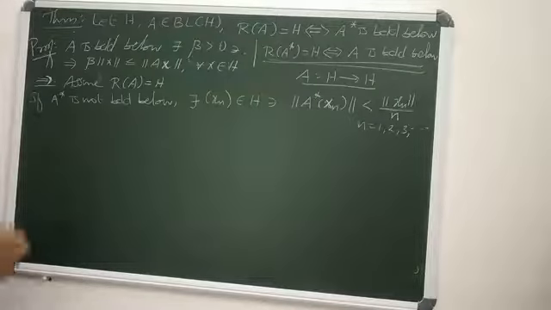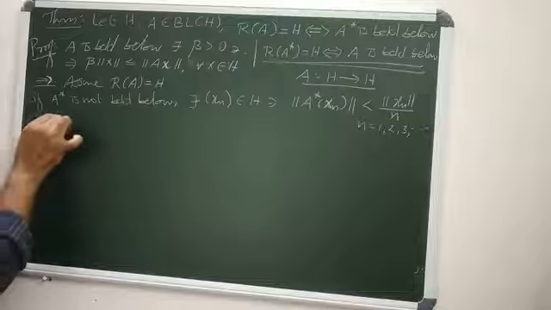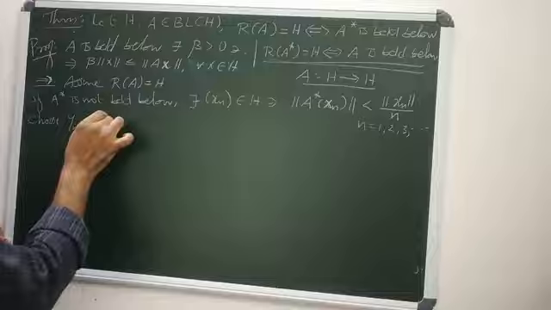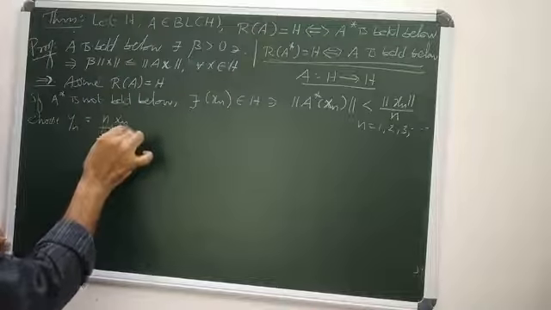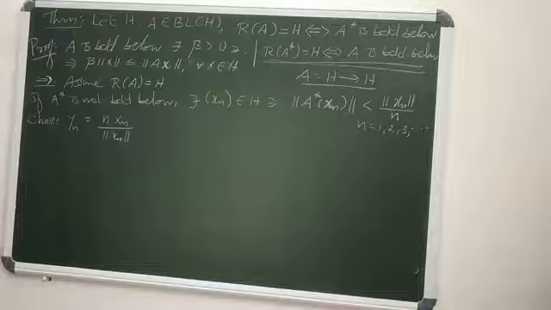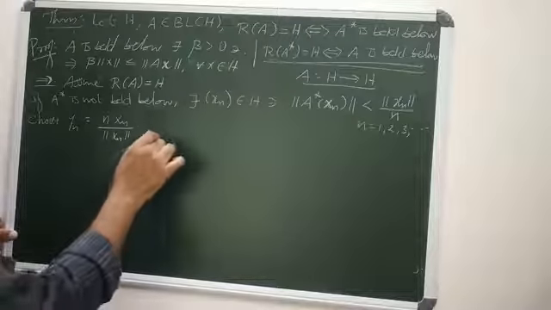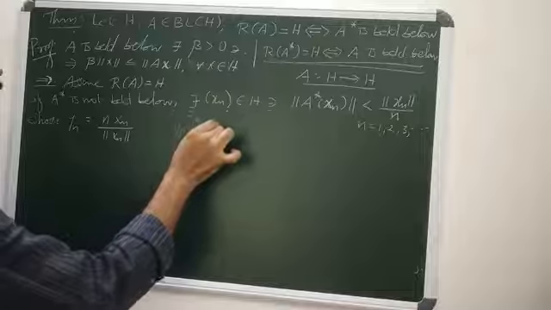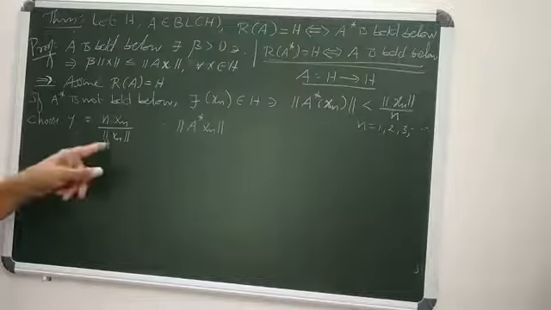Choose Yn equals n times xn divided by norm xn.